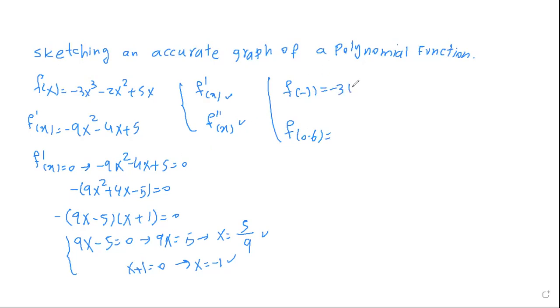Negative 3 times negative 1 cubed is 3, minus 2 times negative 1 squared is negative 2, plus 5 times negative 1 is negative 5. Then 3 minus 7, negative 4. So the point is negative 1, negative 4. For 0.6, we get negative 3 times 0.6 cubed minus 2 times 0.6 squared plus 5 times 0.6.